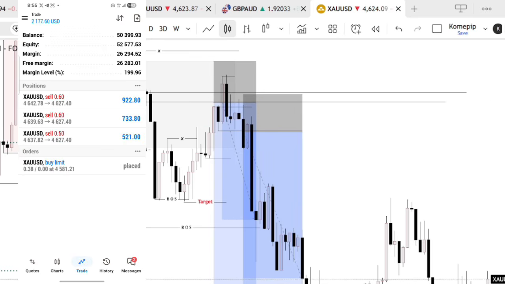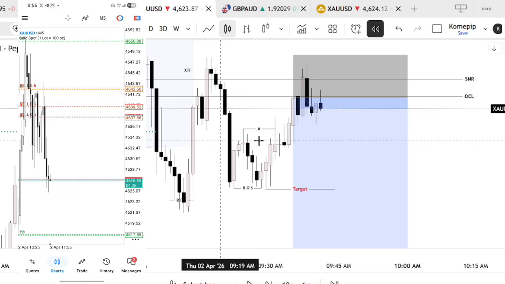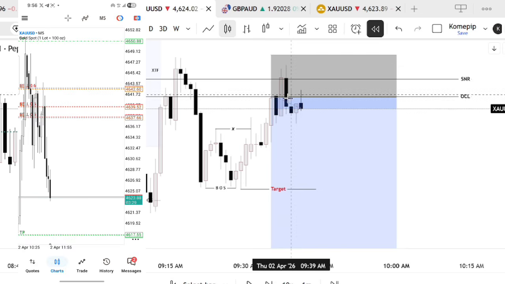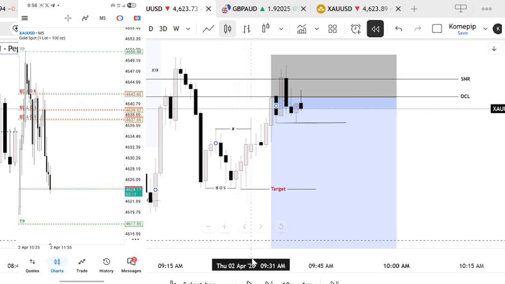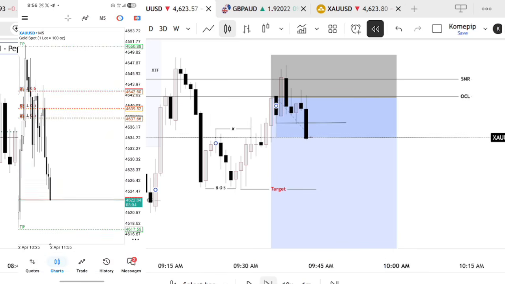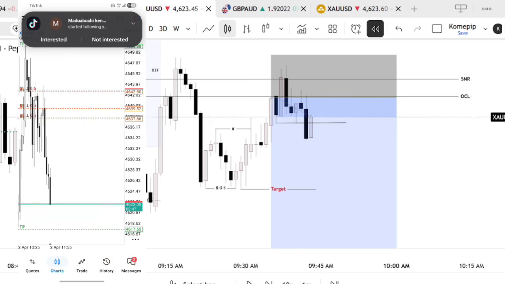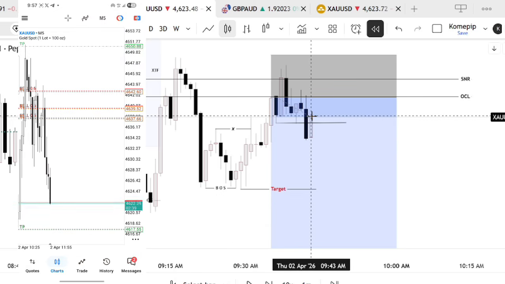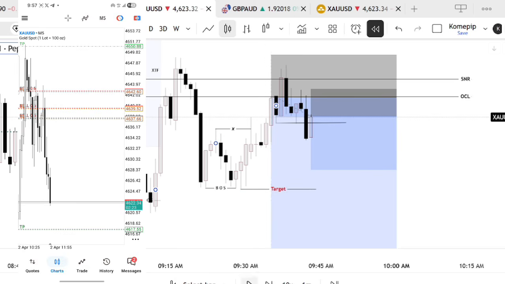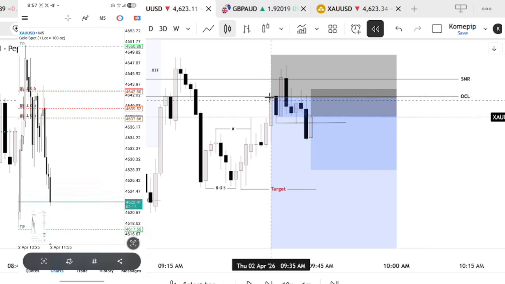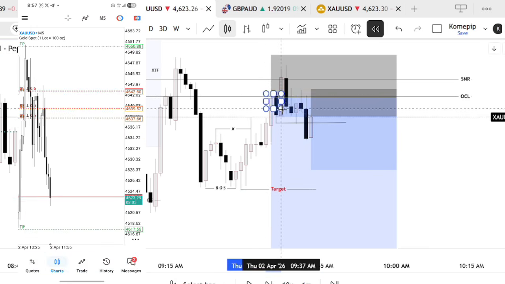And furthermore, price broke this low. Immediately price broke this low, what did I do? Yes, I entered again. Why? This was an engulfing fail. This was an engulfing fail.